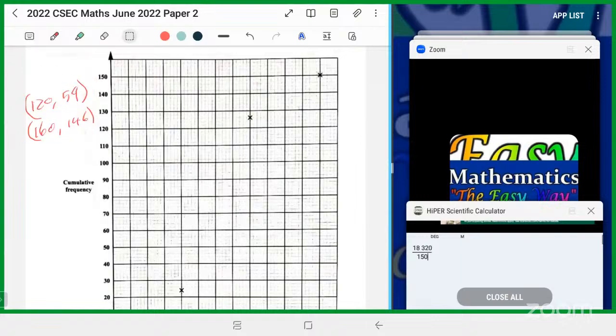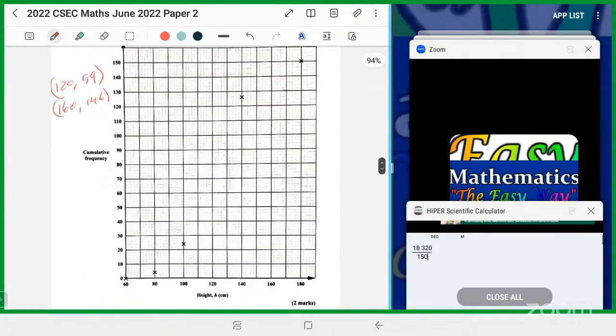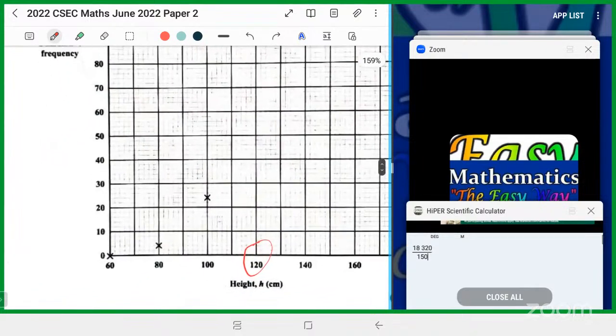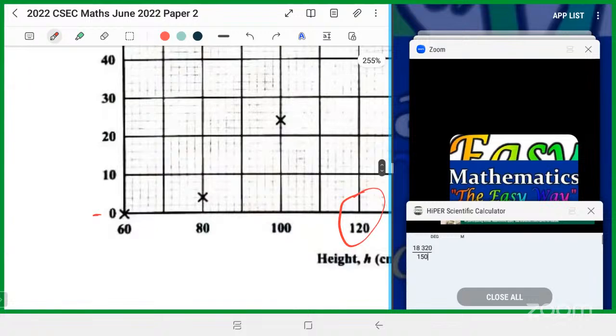All right. 120 has a frequency of 59. So you have to read the scale of the graph properly, this is where 59 is. Look at this. There are 5 lines between 0 and 10, so each line is 10 divided by 5. Each of these little lines is 2. See? 2, 4, 6, 8, 10.